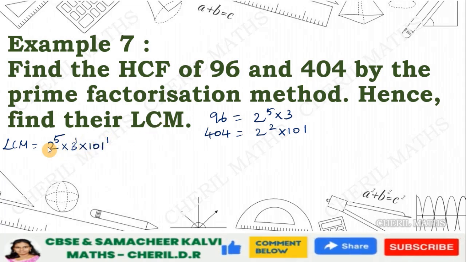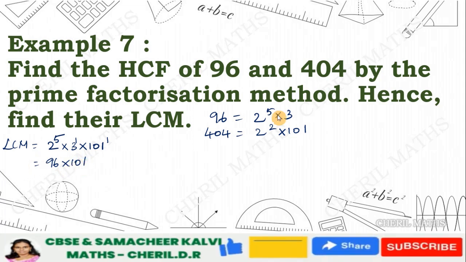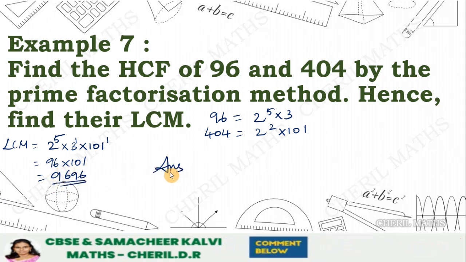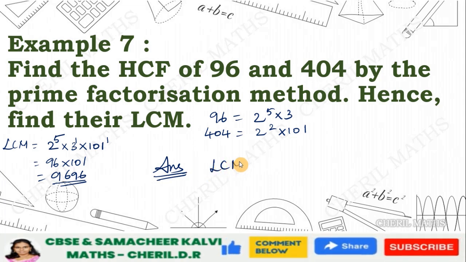So 2 power 5 into 3 power 1 is 96, and then 96 into 101, the same as we got before, which is 9696. Is it clear, children? So your LCM is 9696.